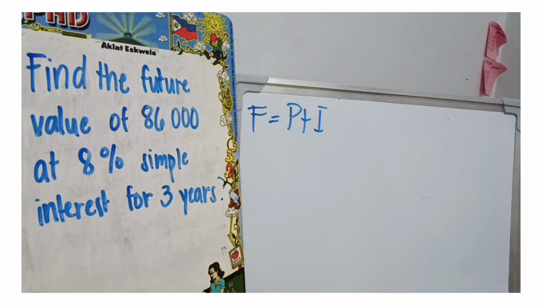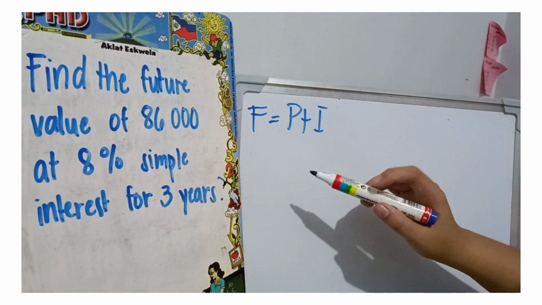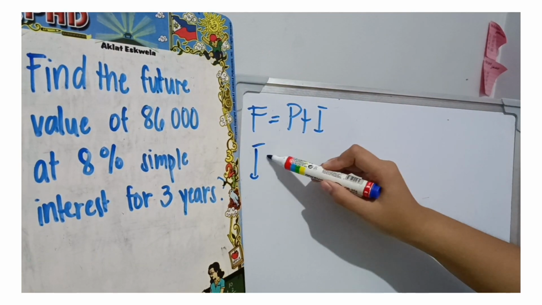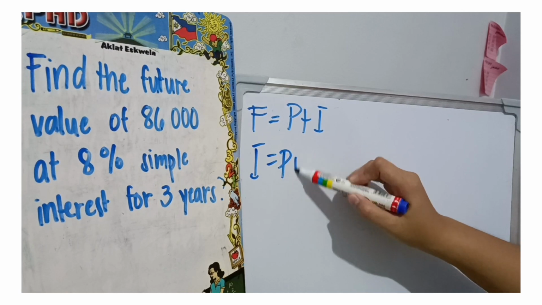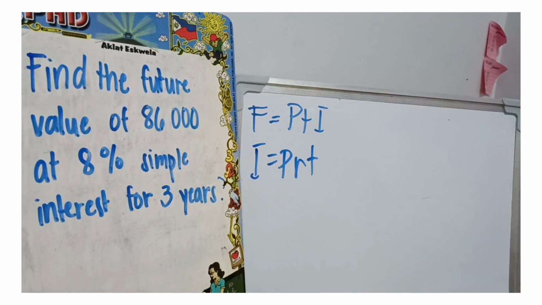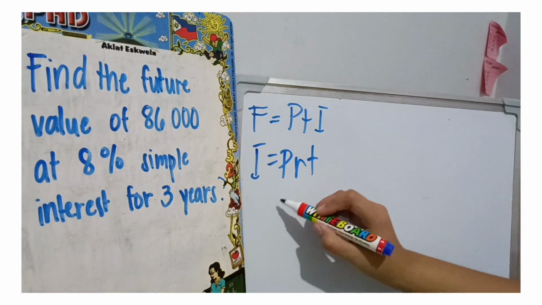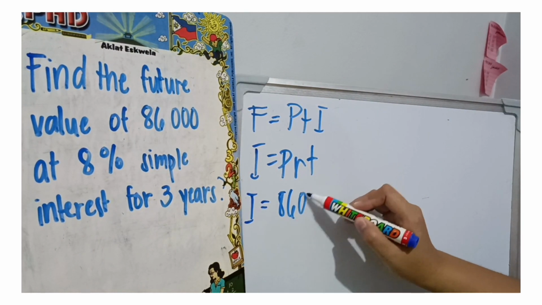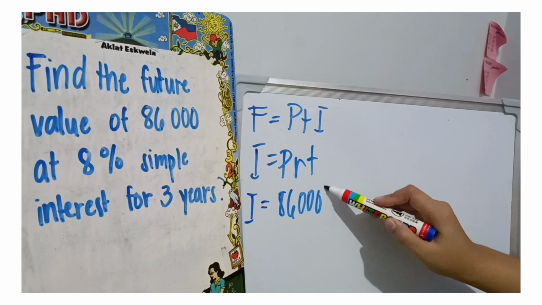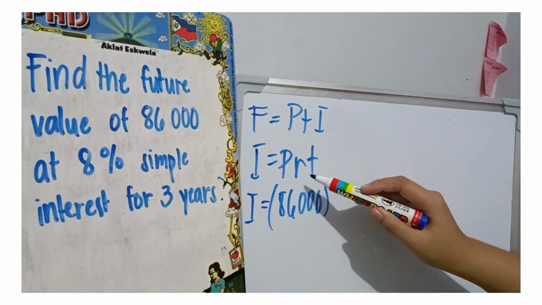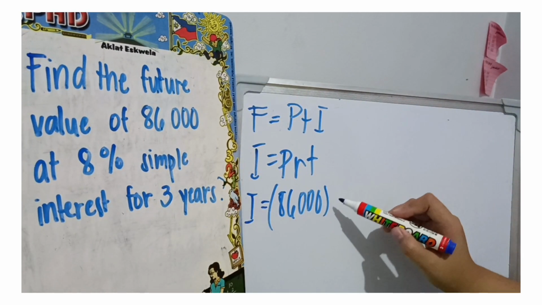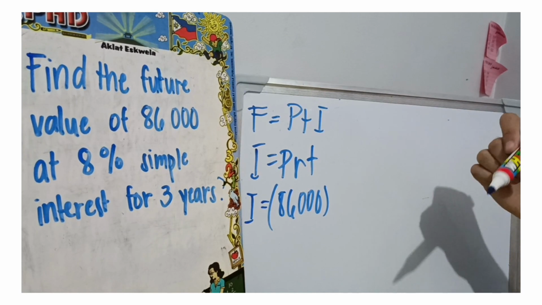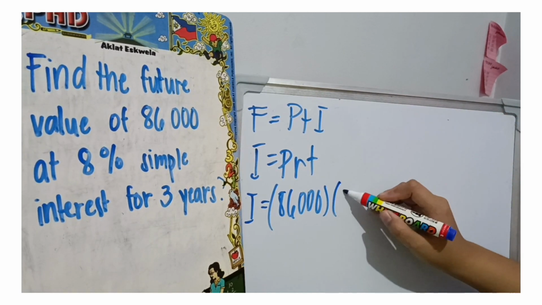So, we need to find the interest first. Our formula here is I = PRT. So, P is 86,000. Multiply it by the interest rate, which is 8%. Let's convert it into decimal. So, 0.08.